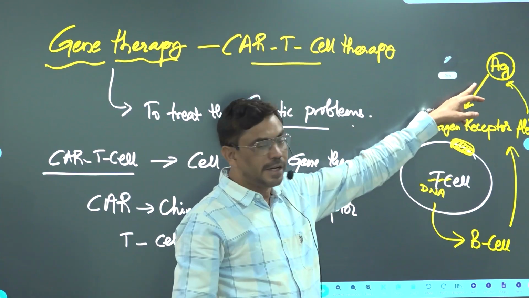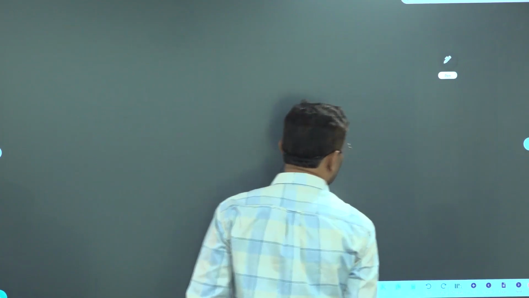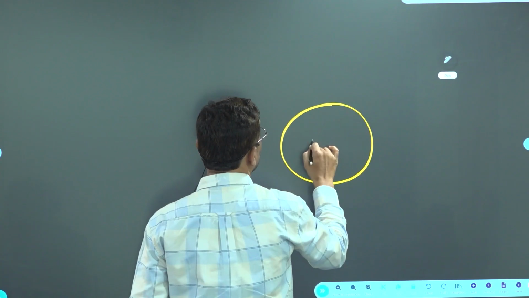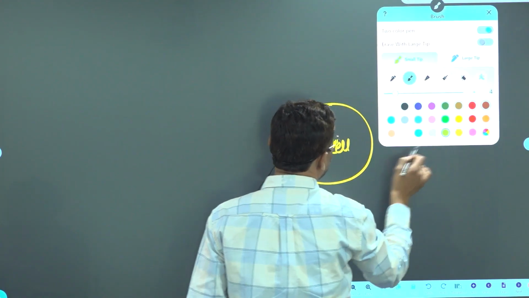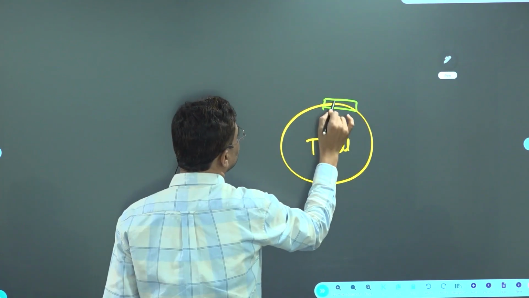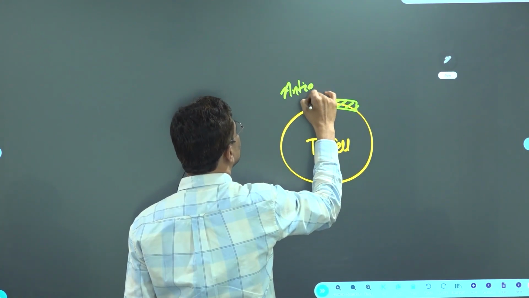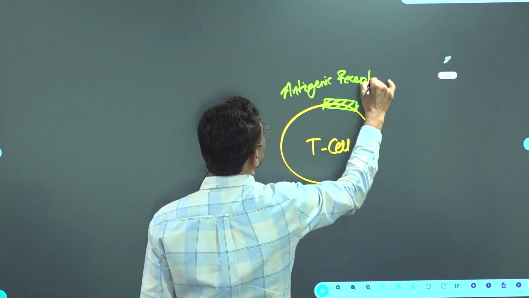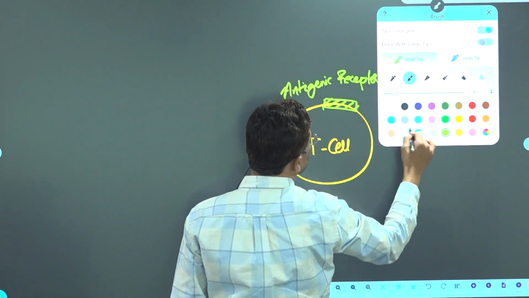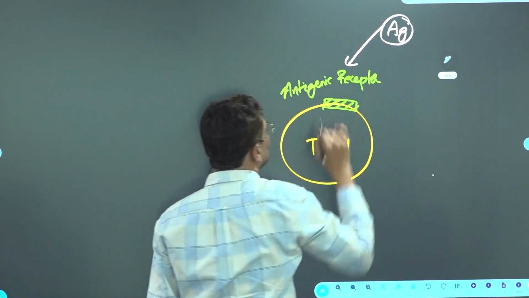Whenever an antigen enters our body, this T cell has an antigenic receptor, whose function is to identify the incoming antigen.